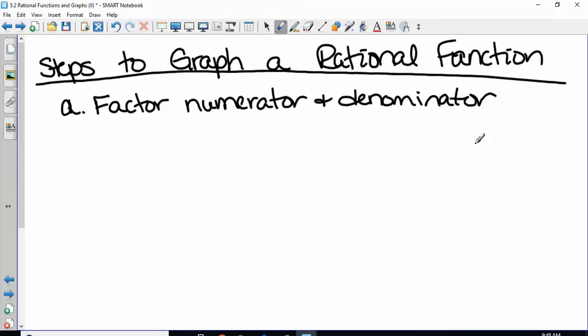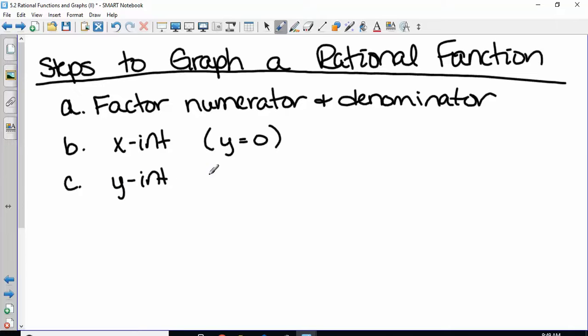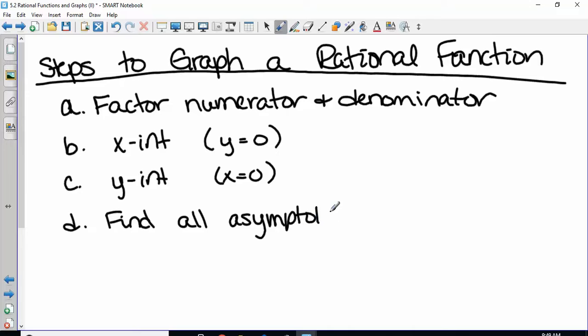Second step will be to find the x-intercept. And we know that an x-intercept is just when y equals 0. Then we need our y-intercept, and we know that's when x is 0. Then we'll find all asymptotes, so we did those yesterday, the vertical, horizontal, and oblique.